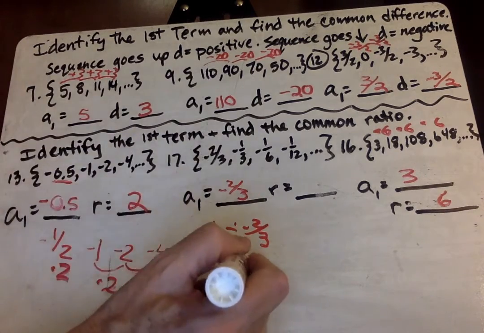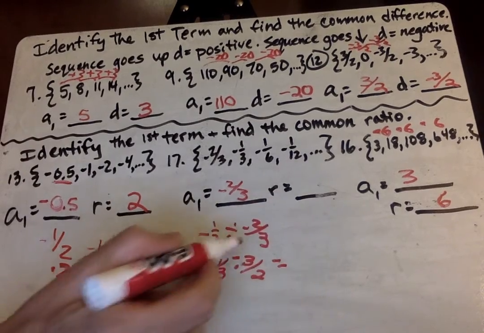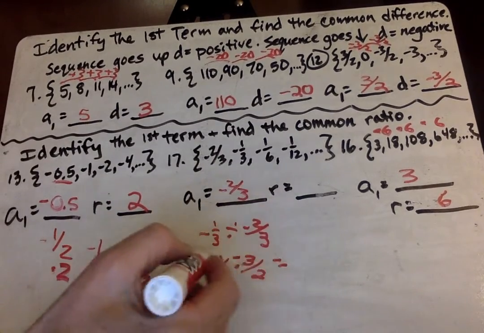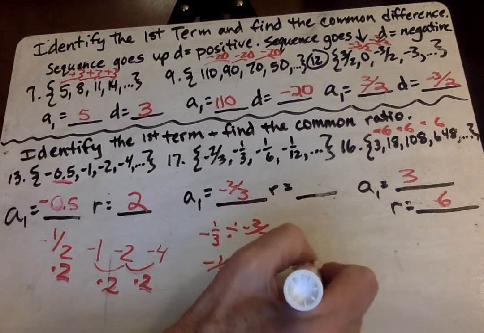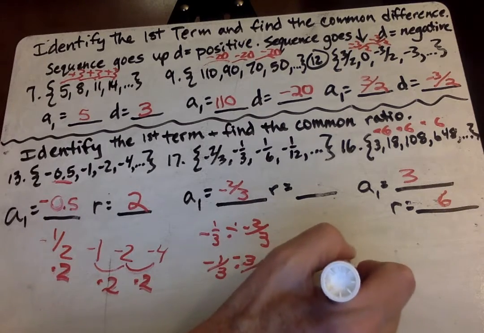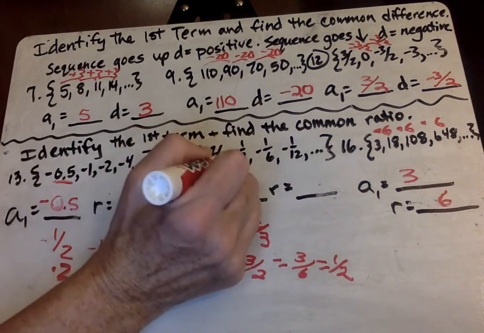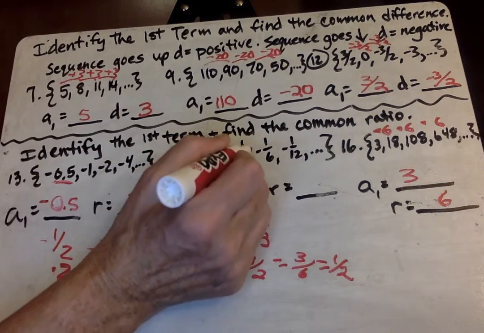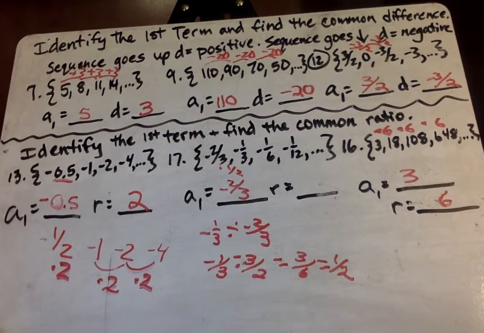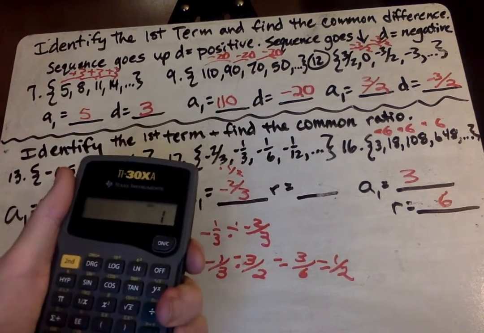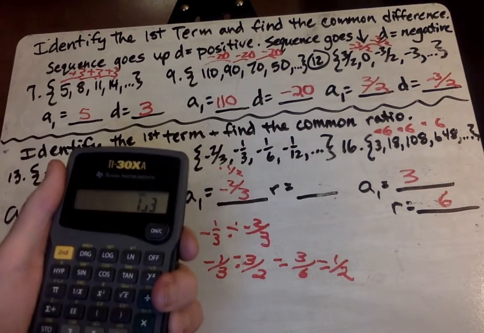Okay, and it's still negative. And I can cross cancel this, or I can go straight across and go 3/6, which equals 1/2. So 2/3 times 1/2 gives us negative 1/3.